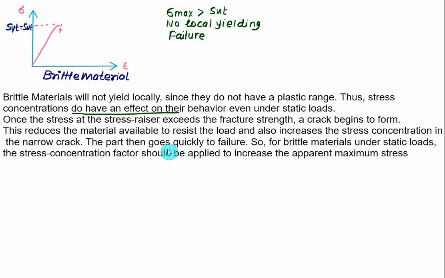The part then goes quickly to failure. So for brittle material under the static load, the stress concentration factor should be applied to increase the apparent maximum stress. So you must consider the stress concentration factor for brittle material. That is, the values of KT as well as KTS in the case of static loading must be considered in the case of brittle material.